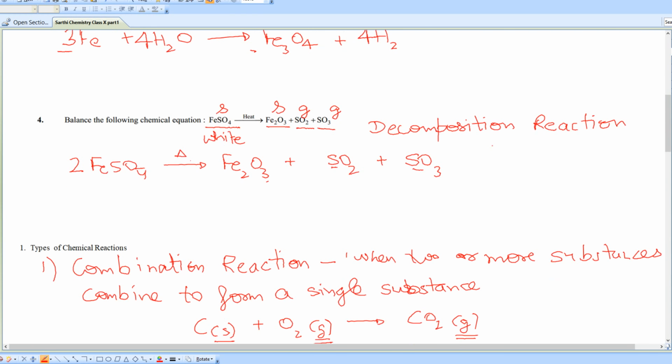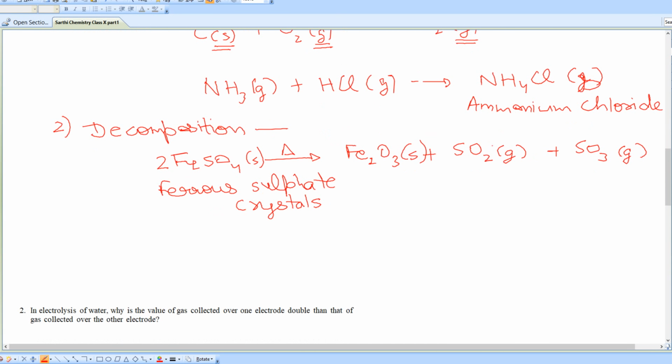Now, the third type will be displacement reaction. Now, in this, what happens is that a metal atom displaces another metal atom or another atom from its salt.